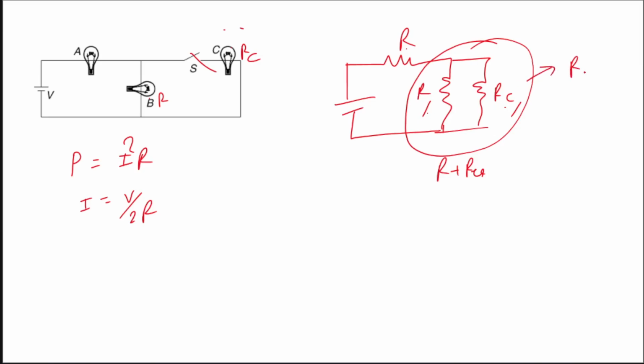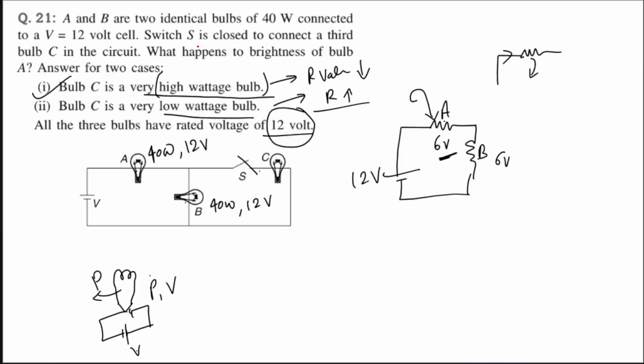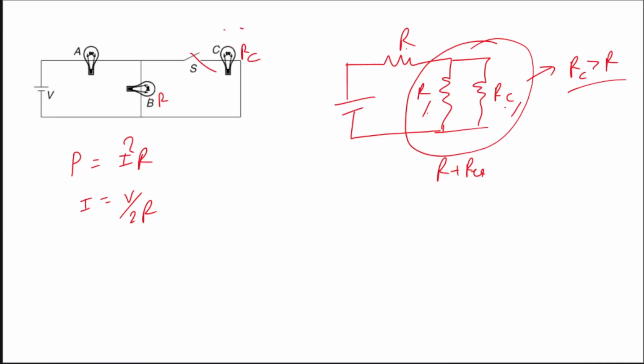Clearly I know here that RC is what? Greater than R. Okay, because that is a low wattage bulb, and this is a 40 watt bulb. So low wattage will be less than 40 watt, right? So here RC is what? Greater than R. So R equivalent will be what? Less than RC and also less than R. So we can say it is less than R, right?